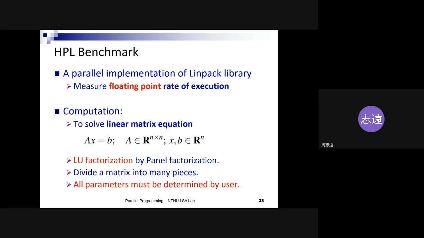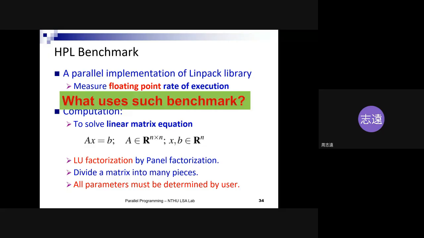And you will see there are many kinds of benchmarks for different types of computing systems. For example, deep learning has become very popular these days, right? So right now we also have benchmarks designed for deep learning. If your supercomputer performs very well on the HPL benchmark, sometimes it doesn't get the same performance for deep learning.